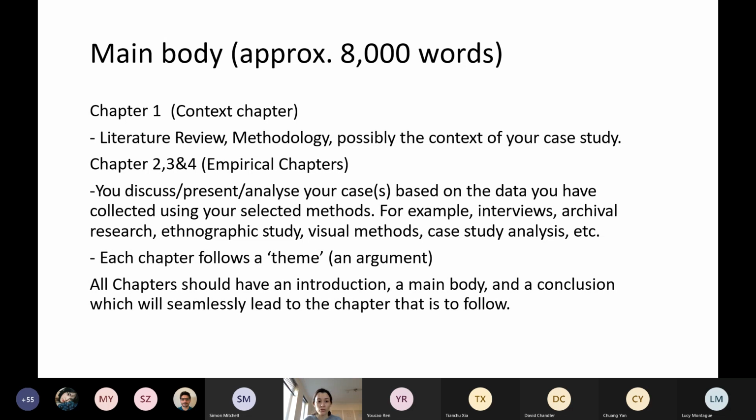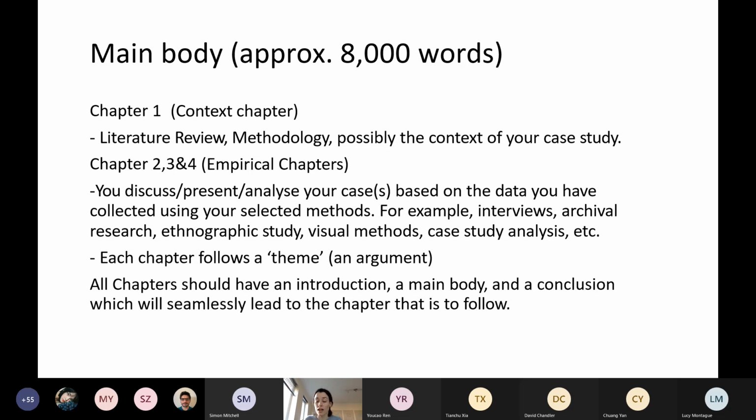In the following chapters, your empirical chapters, you will discuss, present, and analyze your case based on the data that you have collected using your selected methods. So for example, if you used interviews, archival research, ethnographic study, visual methods, this is where you will combine that data and form it into coherent arguments.